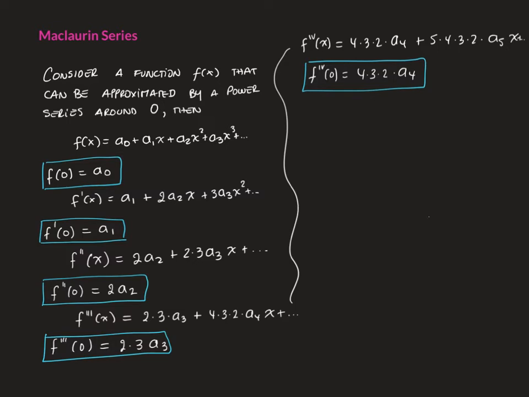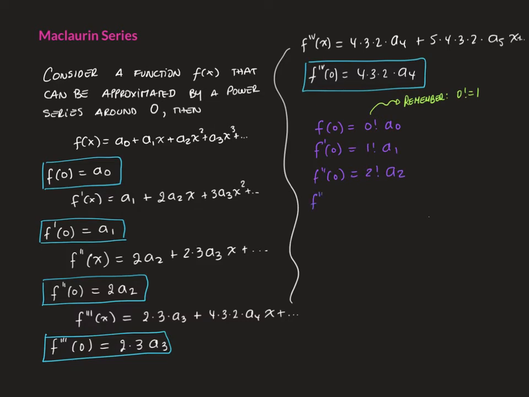So looking at the coefficients, I can see that the pattern is a factorial. So I can write f of 0 is 0 factorial times a0. F dash of 0 is 1 factorial times a1. F double dash of 0 is 2 factorial a2.